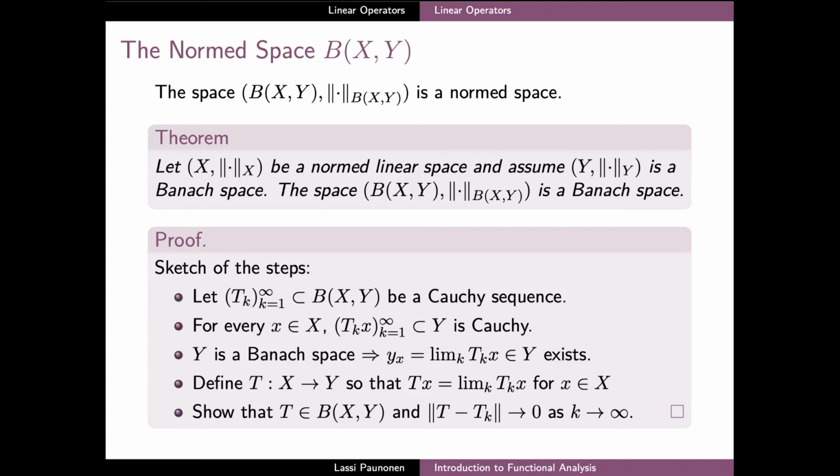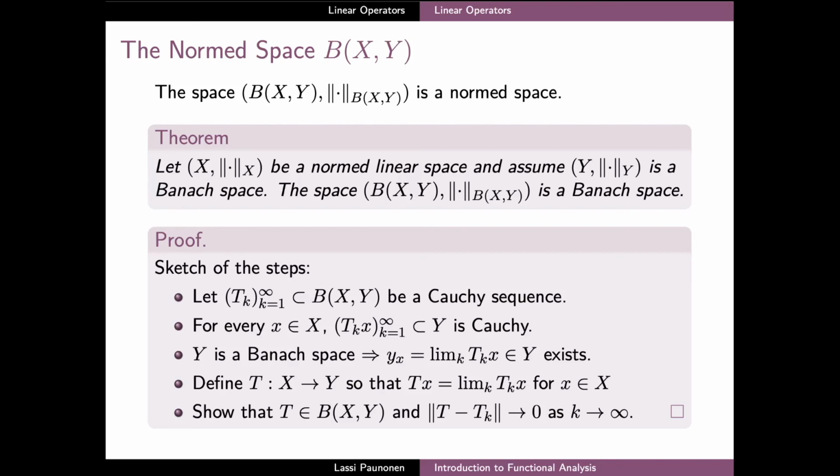And as the last result in this video, we have the fundamentally important theorem shown here, which tells us that the space B(X,Y) is a complete normed space whenever the space Y is a Banach space.